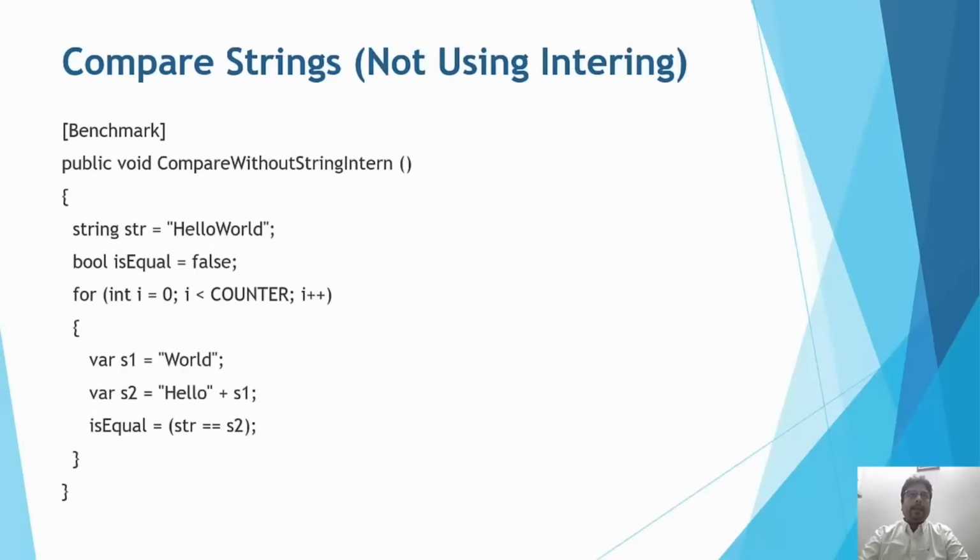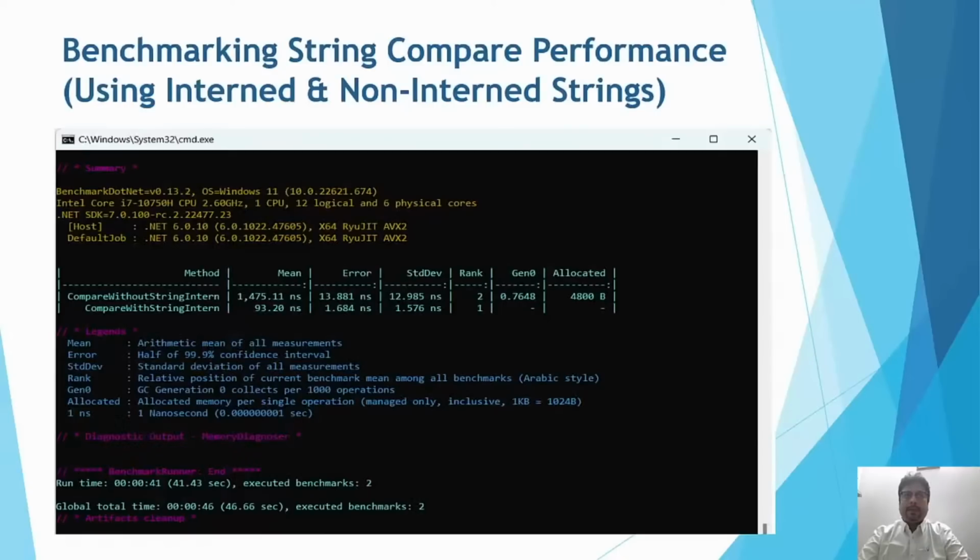And then there is another compare method where we are not using interning. We are comparing str and s2 again, but in this case we are not using string interning. So this is just making a string compare. In this case it will be taking a lot more resources and time. Let us see the results.